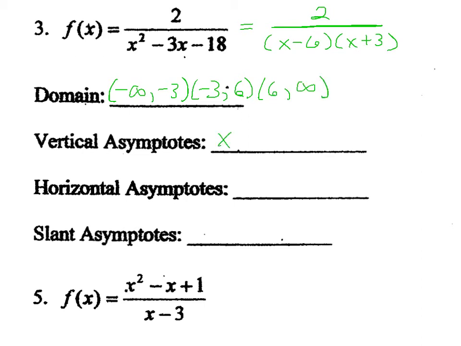My vertical asymptotes will be 6 and -3 since I can't plug those in. Since the degree on top is smaller than the degree on the bottom, I will have a horizontal asymptote at y equals 0. And since I have a horizontal asymptote, I do not have a slant asymptote.